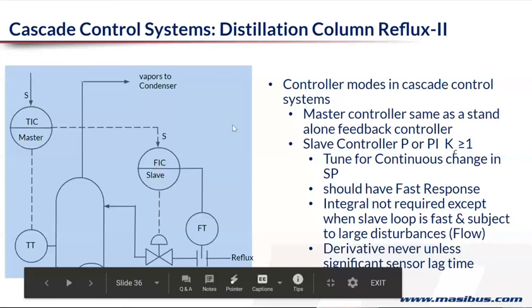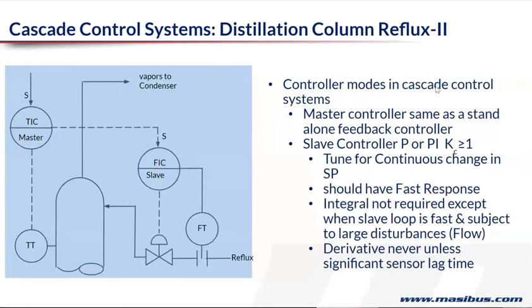So the controller modes now in a cascade control, there you have two controllers. Both may have to use different modes. When we say mode, it is whether to use only P or PI or PD or PID. So the master controller, you use the same as a standalone feedback controller. So you imagine this slave is not there.